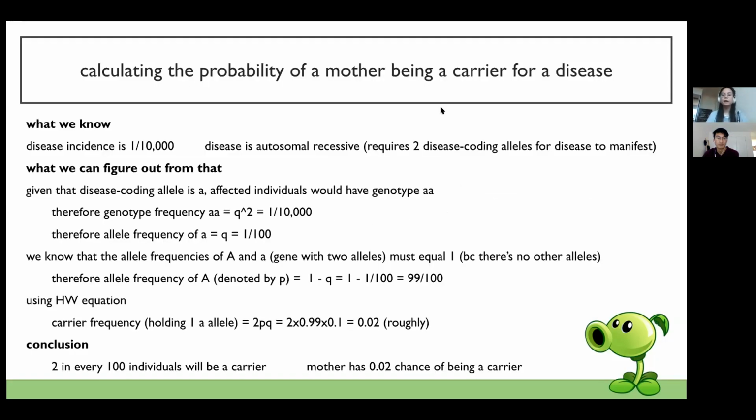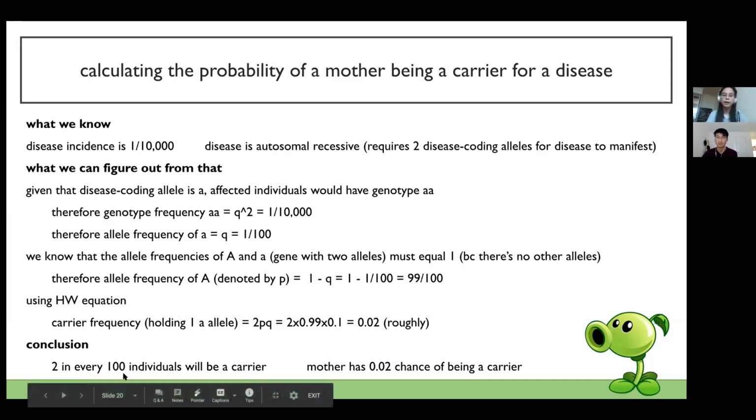So if you have a mother who's pregnant who wants to know if her child is going to have a disease, then we can use the disease incidence that we've observed from epidemiology and the inheritance pattern of the disease and work out how many people in a population are likely to be carriers. And that will give you an indication of whether the mother will be a carrier or not. This will obviously be different if the mother has a family history of the disease. This will increase or decrease her chance of being a carrier.